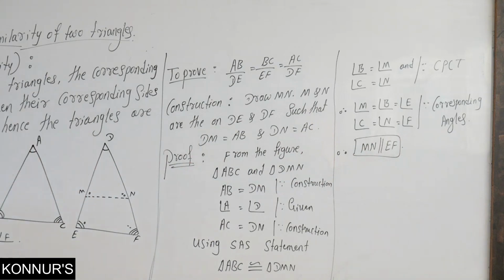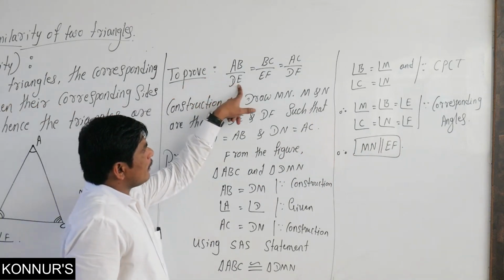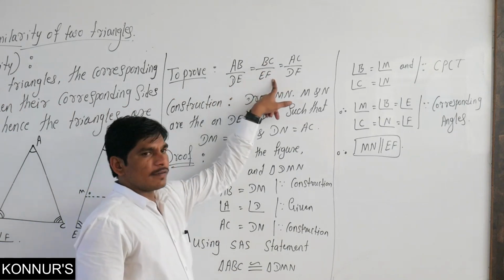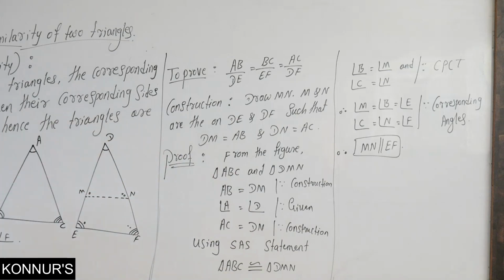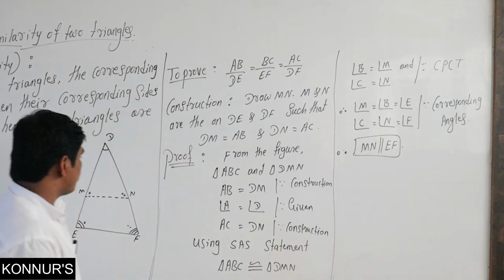Next, the result is AB divided by DE is equal to BC divided by EF is equal to AC by DF. Now the first point is, we proved MN is parallel to BC, that is, to EF.